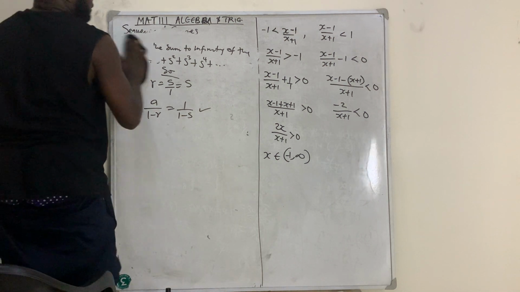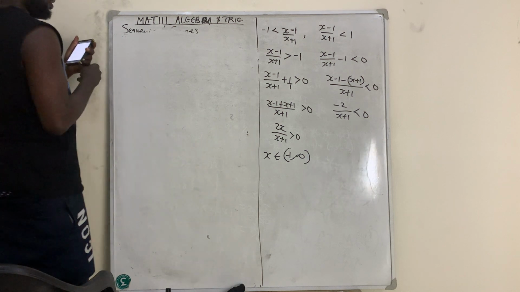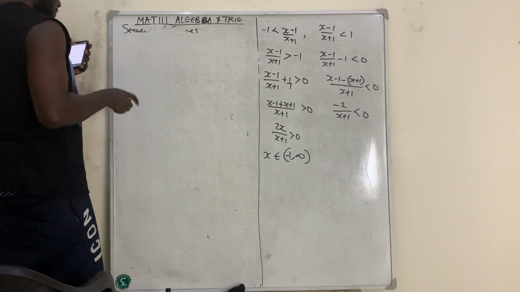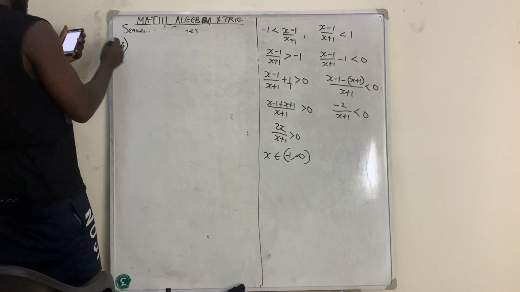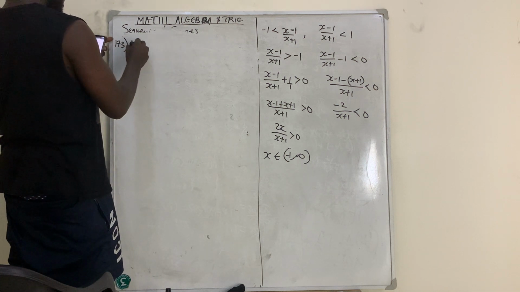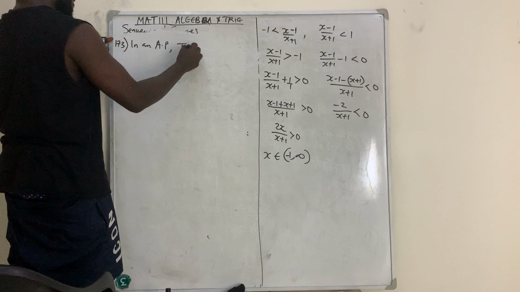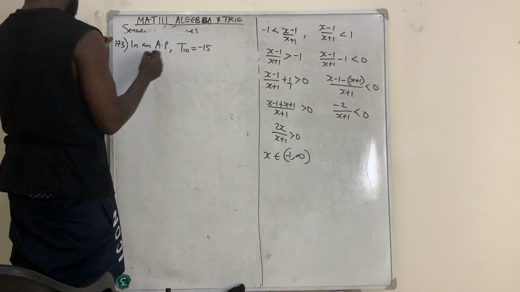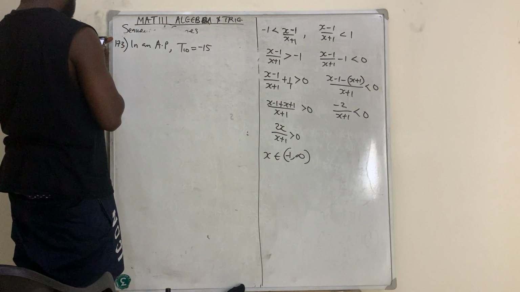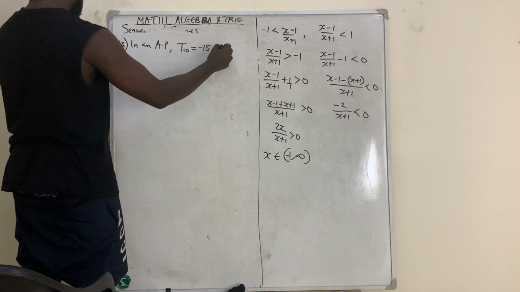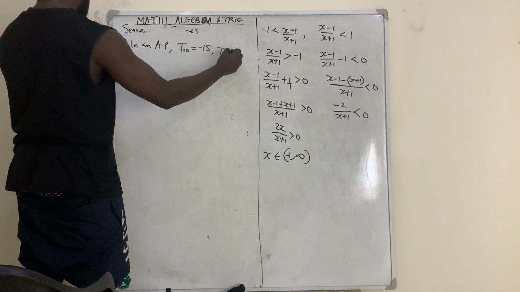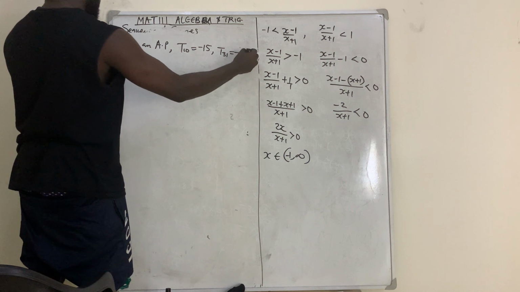Question number 173 said, in an AP, T10 is equal to minus 15, T31 is equal to minus 57.